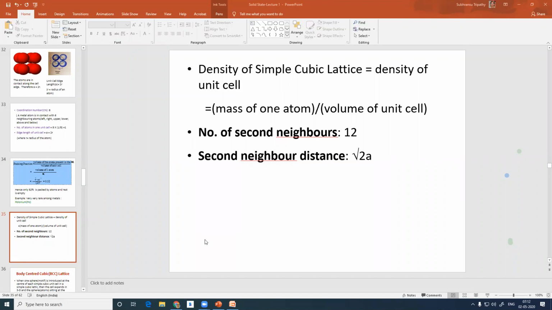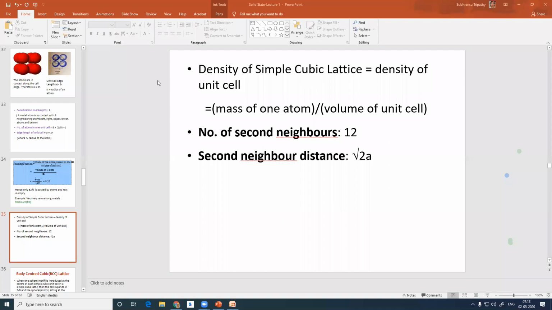Subham? Sir, R. R is the radius of a sphere. I'm asking what is the distance between two neighbors which are in contact. Miss Mishra, are you here? Miss Mishra, raise your hand. Miss Mishra. Yes. You know, Swayam, what is the distance?